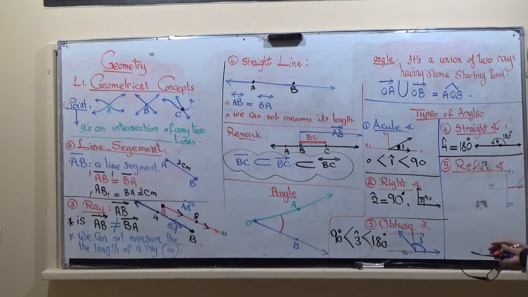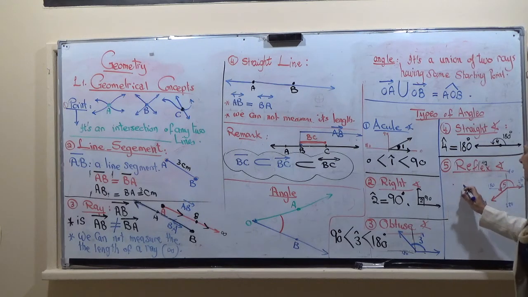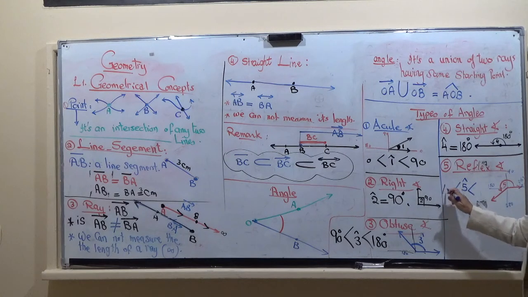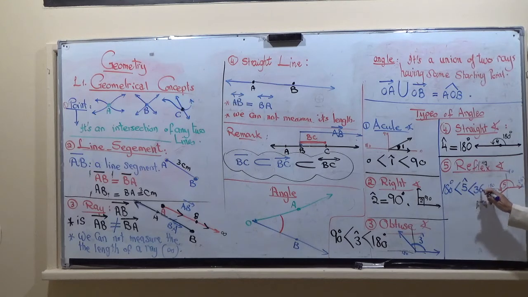So the reflex angle will be like this, for example. This is angle 5. Angle 5 is greater than 180 degrees and less than 360 degrees.